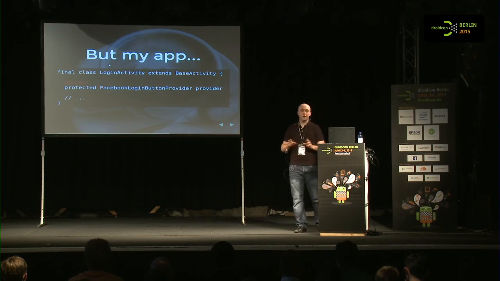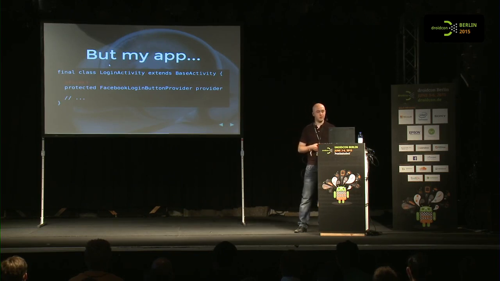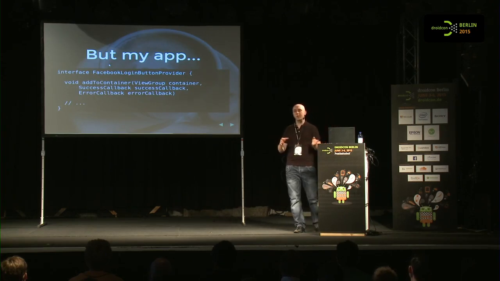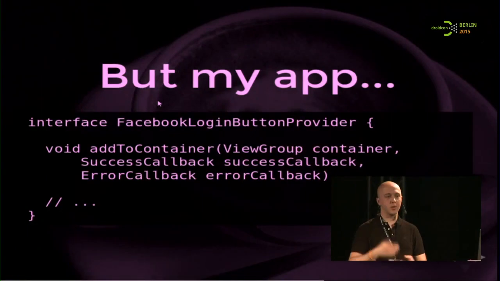we can inject a provider for this button and not add it to the layout, but do it in code. So we have this provider, and the implementation will be simple. It will create a new login button and add it to the container, add some callbacks, and it will work.